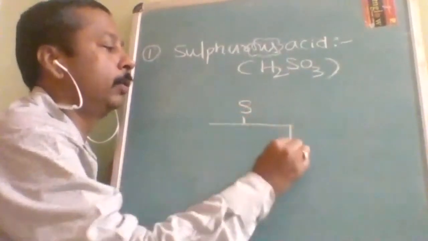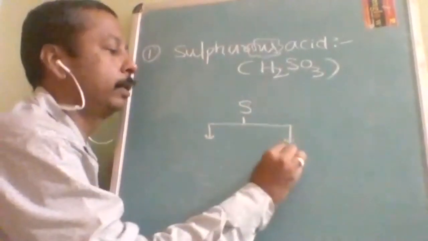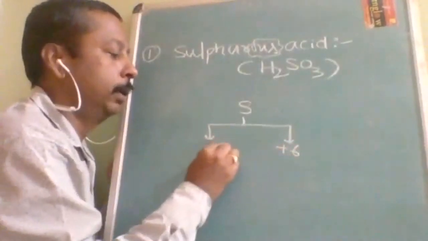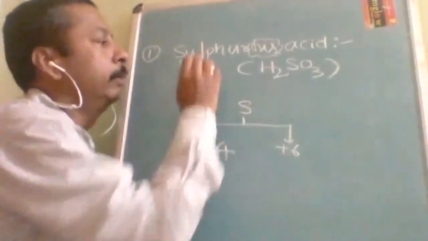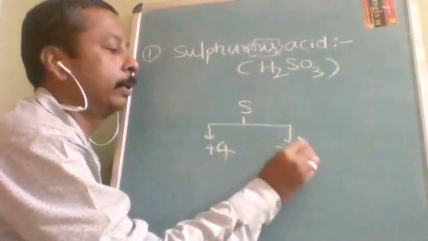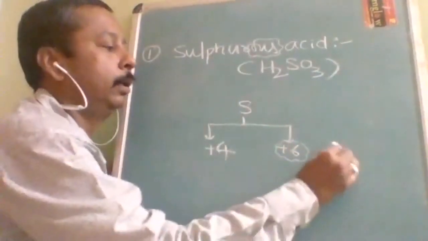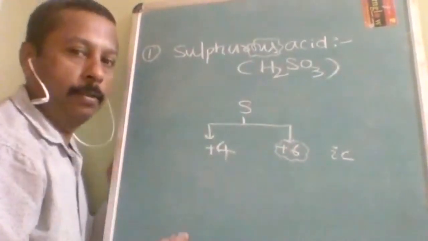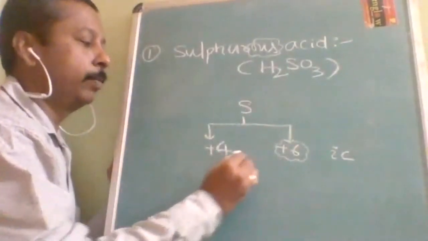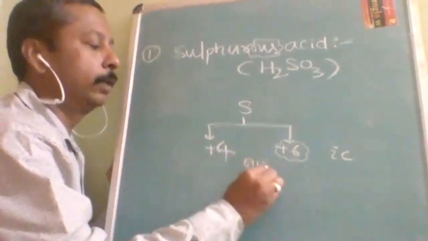Sulfur can exhibit how many positive oxidation states? +4 and +6. If it exhibits an oxidation number of +6, then you will find the suffix ic. If the oxidation number is +4, then you will find the suffix OUS.